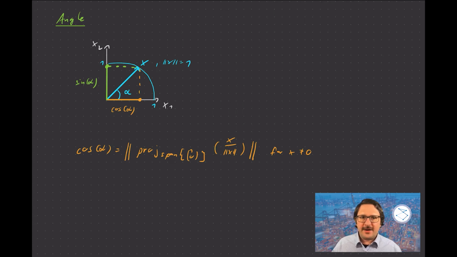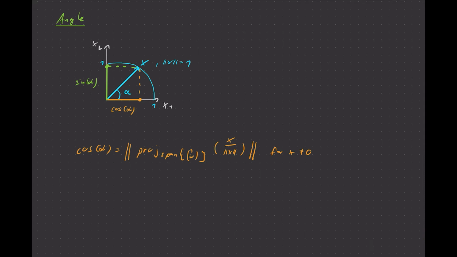But regarding the signs, if x is not in the first orthant, but in the second, third, or fourth orthant, then of course the sign of the scalar product will flip, and also the sign of the cosine might flip. And it turns out those signs are in sync, so we can just do without the absolute value here, and then everything will be fine.